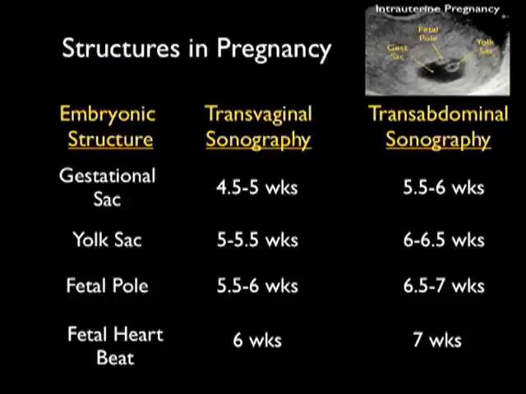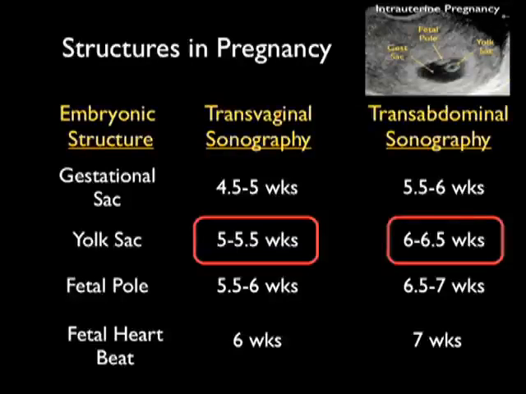Here's a table showing the structures in pregnancy and about the time that they're seen on transvaginal versus transabdominal sonography. As we look in the embryonic structure column to the left, we see the first structure that appears is a gestational sac, seen on transvaginal sonography at about 4.5 to 5 weeks and about a week later on transabdominal sonography. The yolk sac is seen at about 5 to 5.5 weeks on transvaginal sonography and a week later on transabdominal sonography.